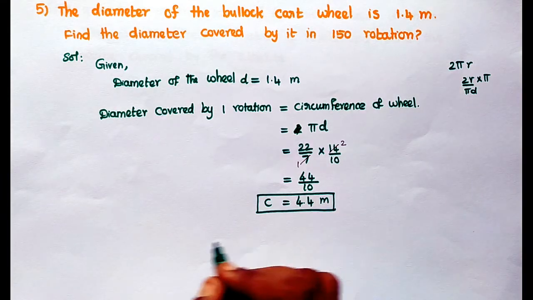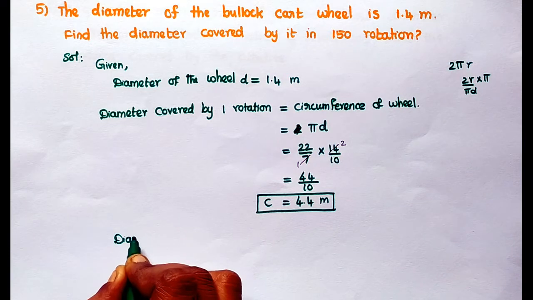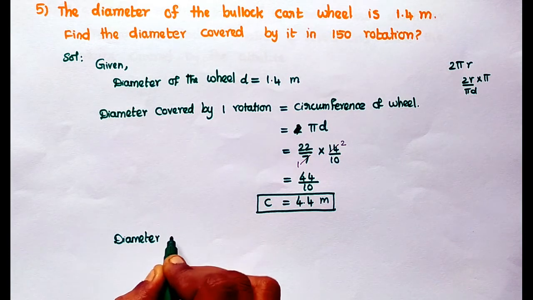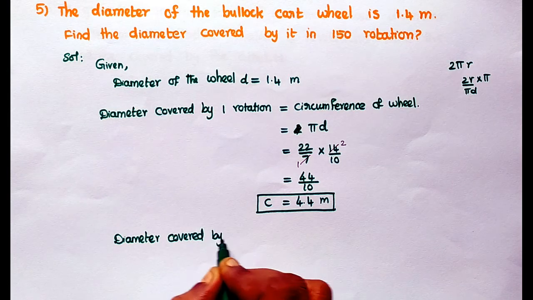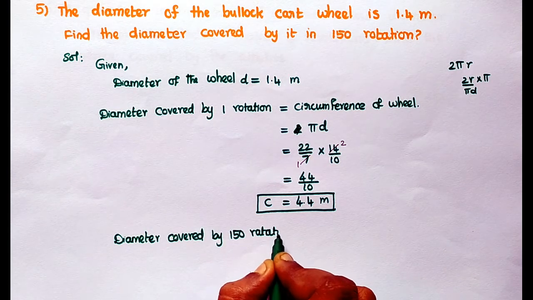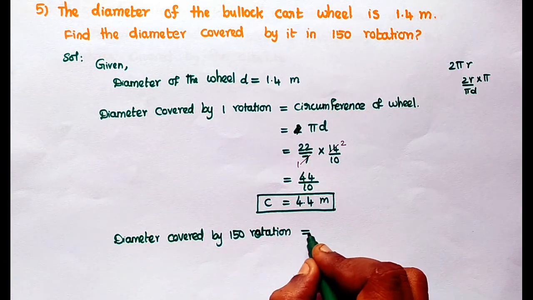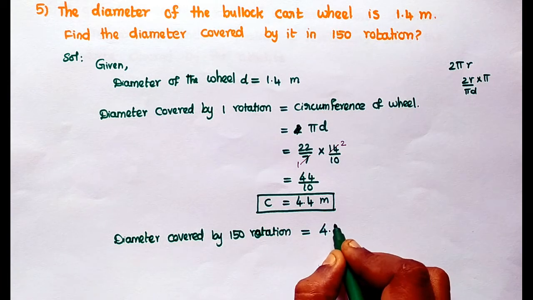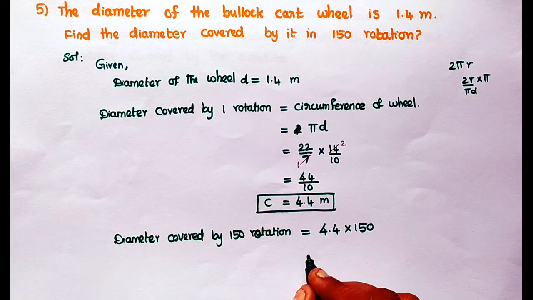Now, diameter covered by 150 rotation. 150 rotation means 4.4 into 150.